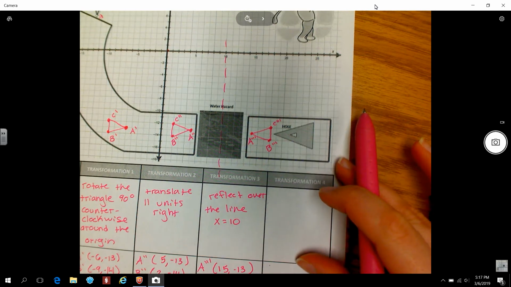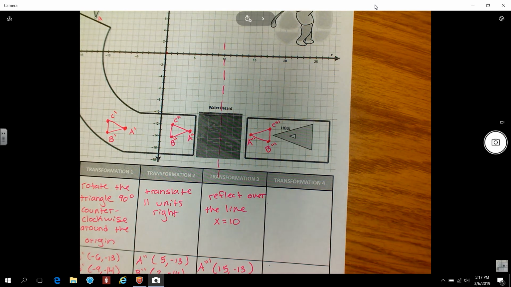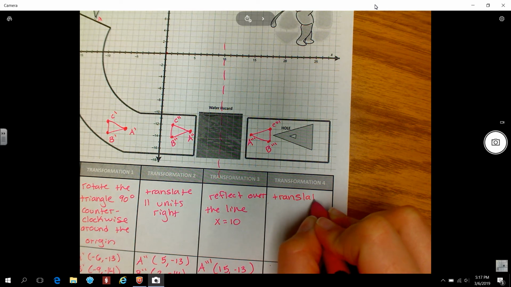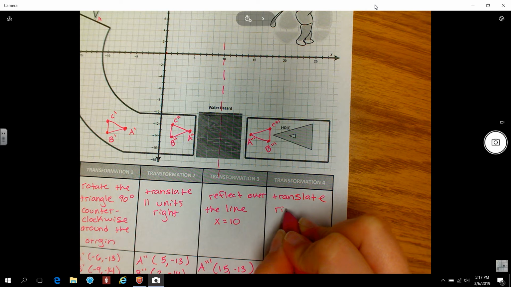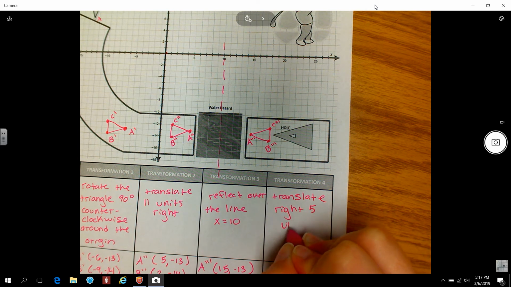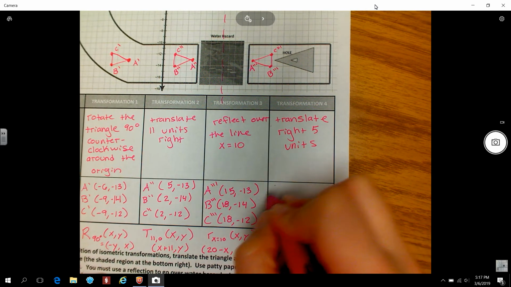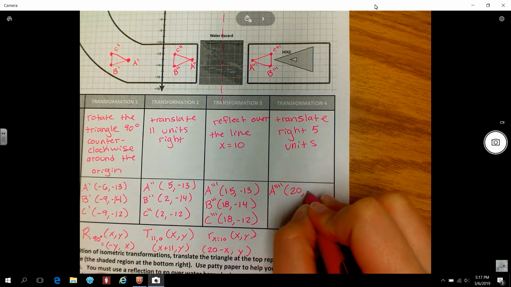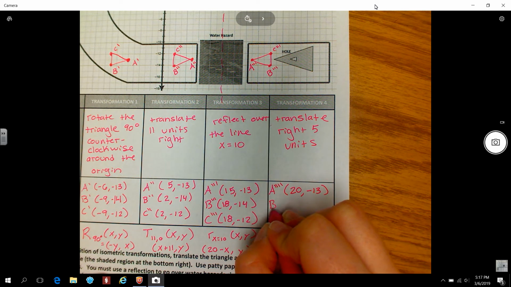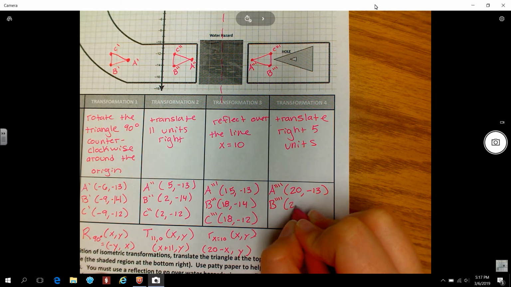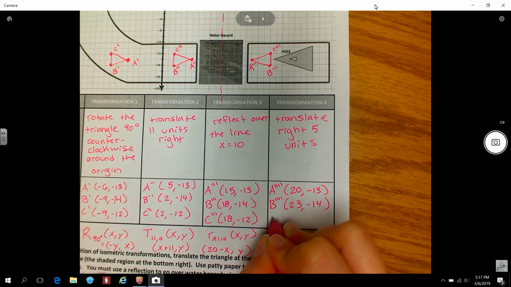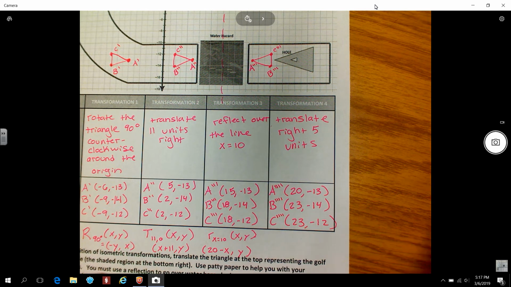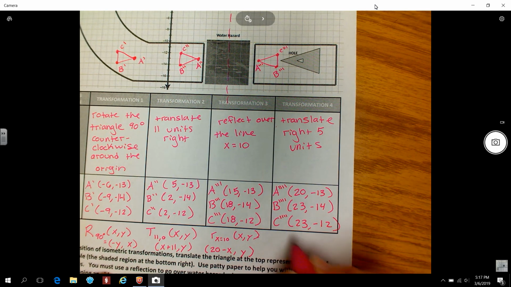And then the last one, I just need to make sure that it goes in the hole. So it just needs to translate a little bit. I realized that translating to the right 5 units would work. So a quadruple prime, I guess we could call it that. That's the fourth time, and it ends up here, because I am just adding 5 units to my x value.